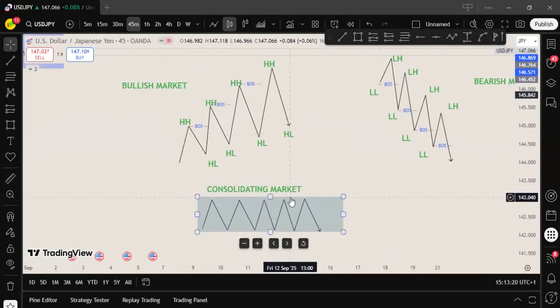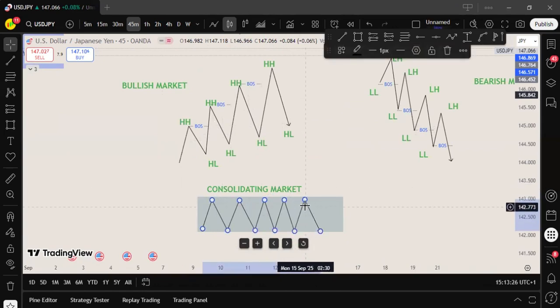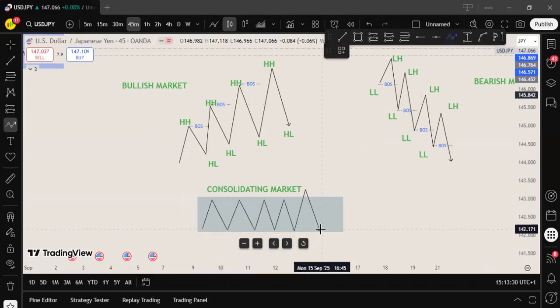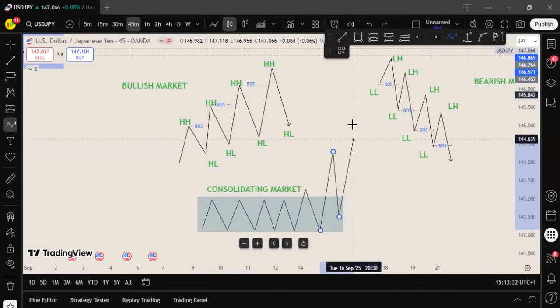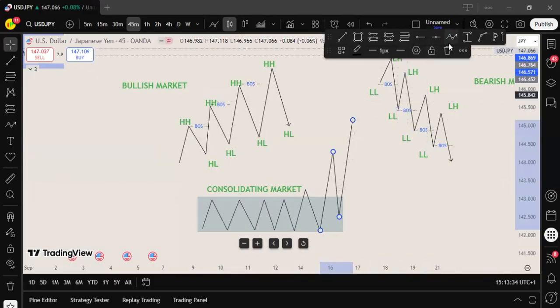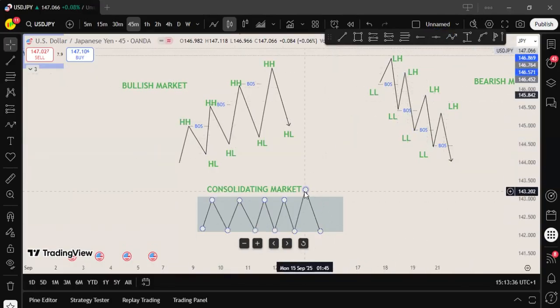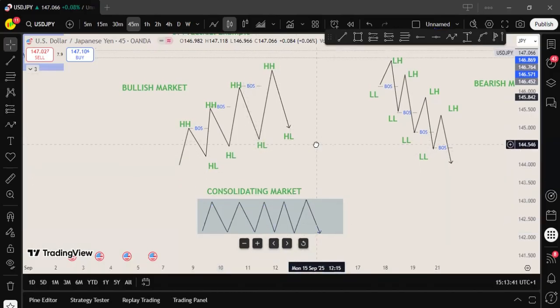That is when we cannot identify a break of structure, because the market has not broken this high. Let's assume the market breaks this high, retraces a little, then breaks again. It means the market is going in a bullish direction. But in this type of market, it is just consolidating.